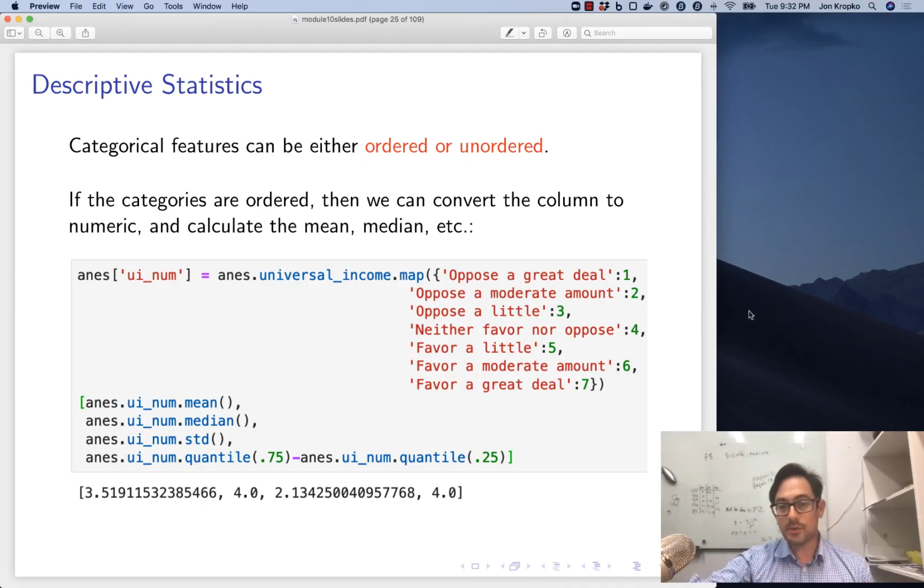So what I did was I replaced these values with numbers, and then I treated it as a numeric feature. Once I treat it as a numeric feature, then I can use these descriptives again. So on this 1 to 7 scale, the mean is 3.5, the median is 4, okay? And then the standard deviation and interquartile range. So I can understand these if I think about universal basic income on this 1 to 7 scale.